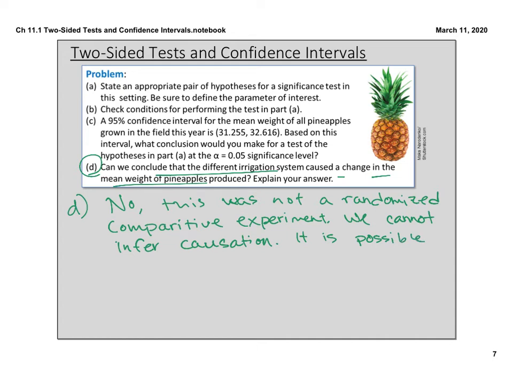So something along the lines of, it is possible that other factors than the irrigation system caused the change.